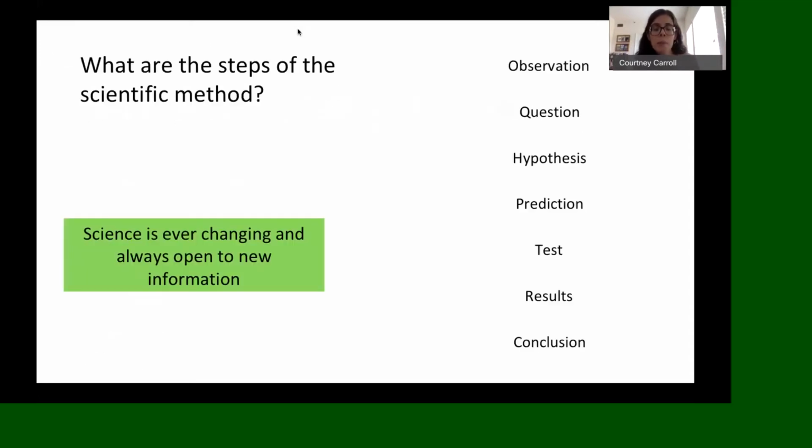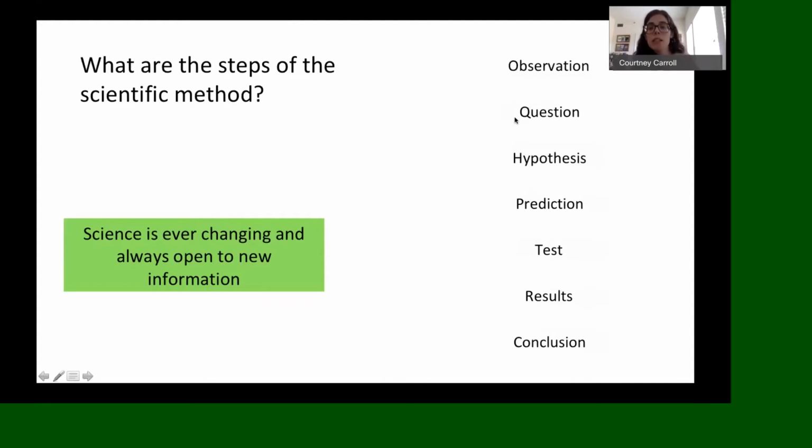It's important to keep in mind, however, that science is ever changing and it's always open to new information. So as you move through this process, it's not that you reach the conclusion and you just end and it's over. It's that the conclusion will then inform and go back to the hypothesis and maybe have you refine your hypothesis and test it again in a new experiment. Or it could lead you to a new question that would come up with a new hypothesis.